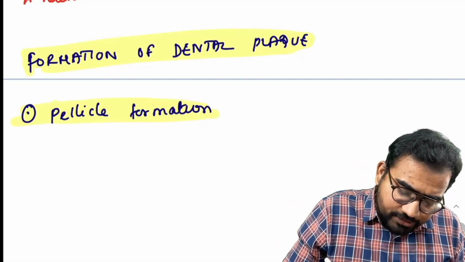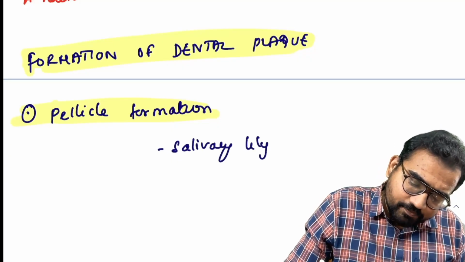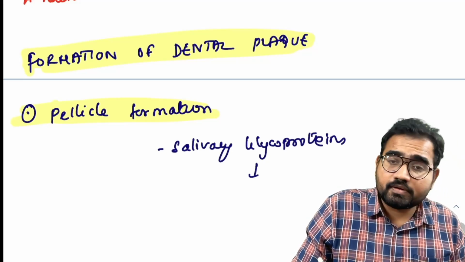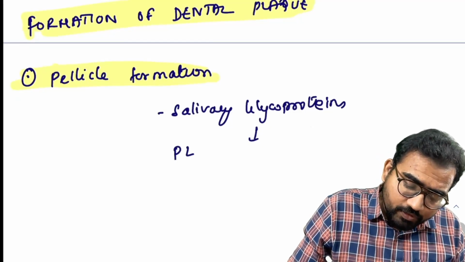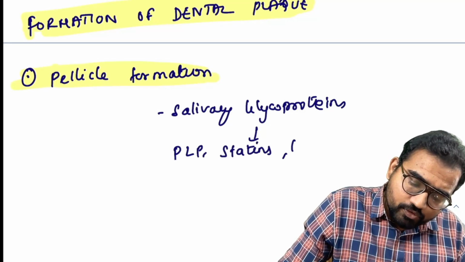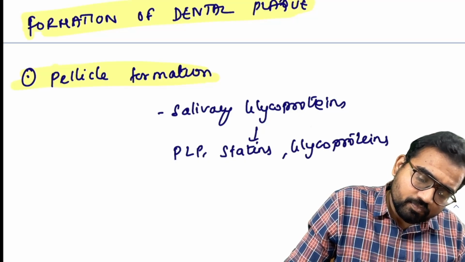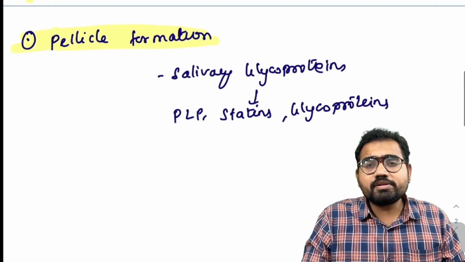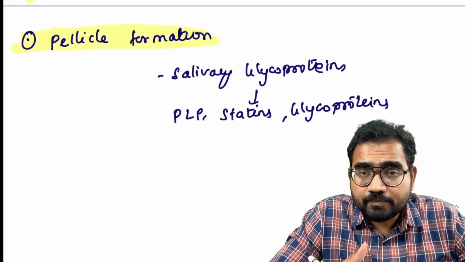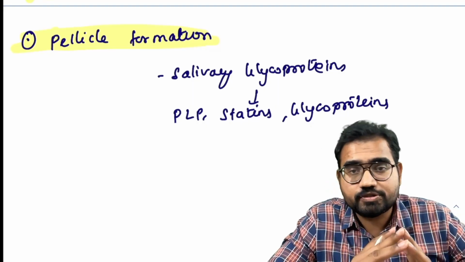So pellicle formation is by salivary glycoproteins like proline rich proteins, statherins, glycoproteins. Over a period of time after we eat, there is deposition of these salivary glycoproteins onto the tooth surfaces.